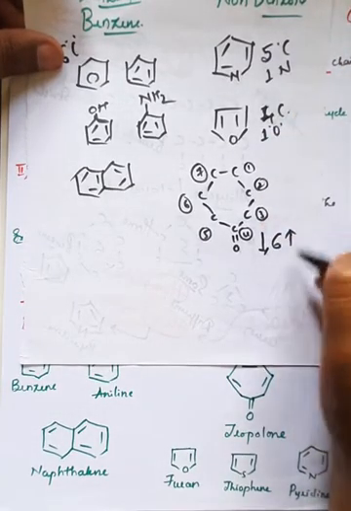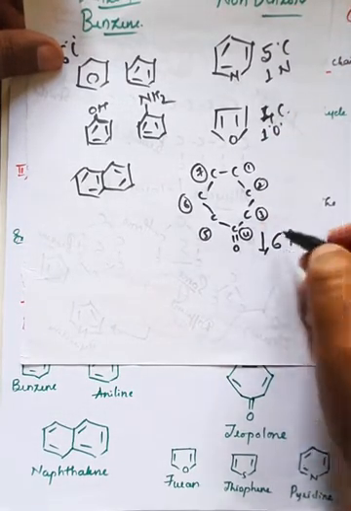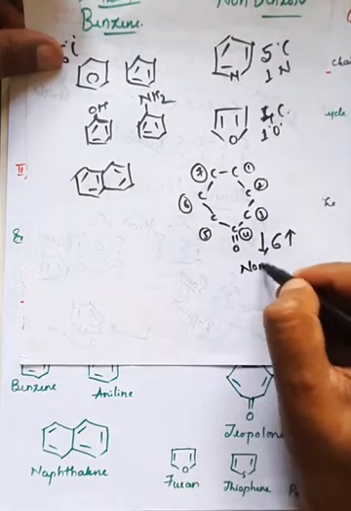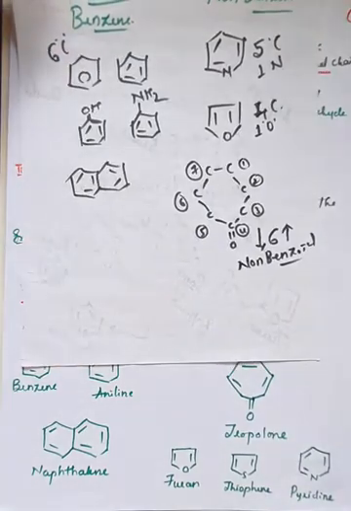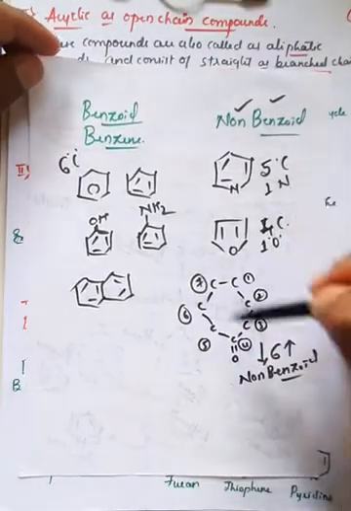If the carbon atoms are greater than 6 or less than 6, that is categorized under non-benzoid, because generally benzene consists of 6 carbon atoms.